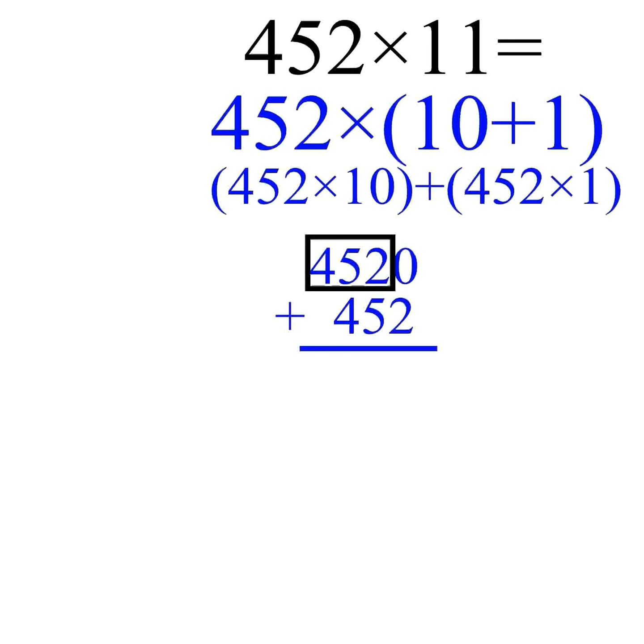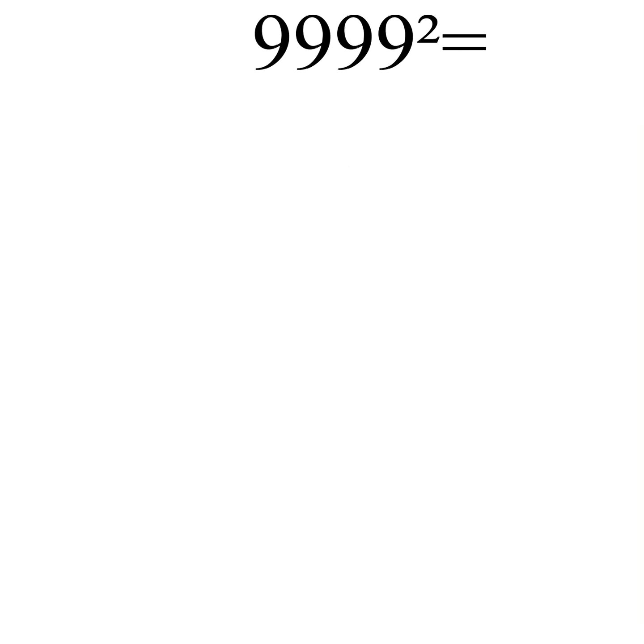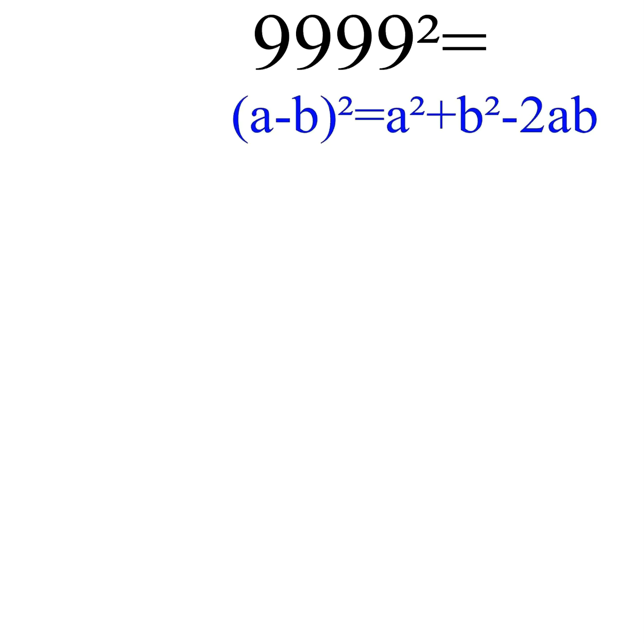Now let's prove this one, squaring the number of 9s. And to do that, we use this identity in which A equals 10,000 and B equals 1.